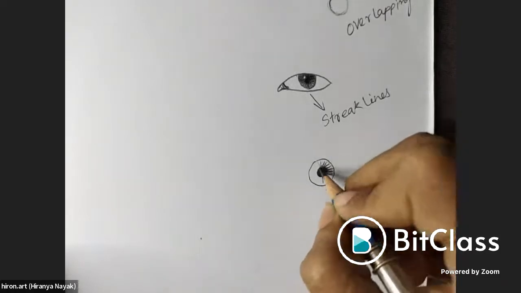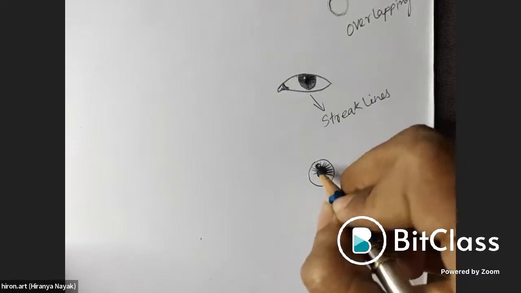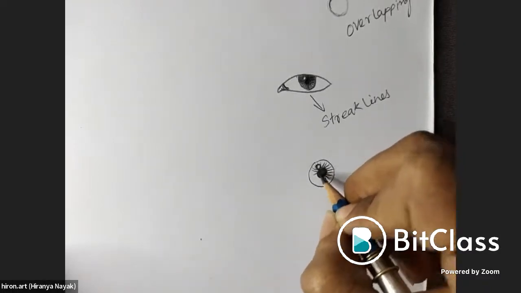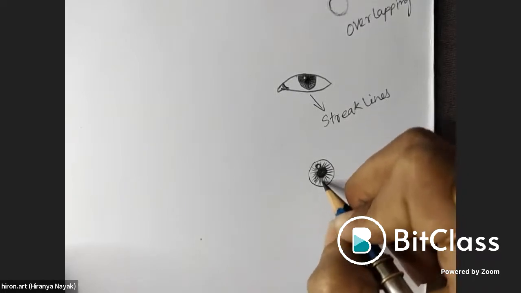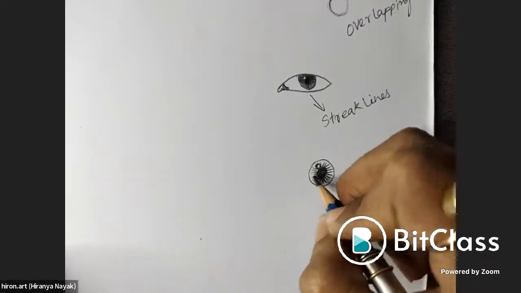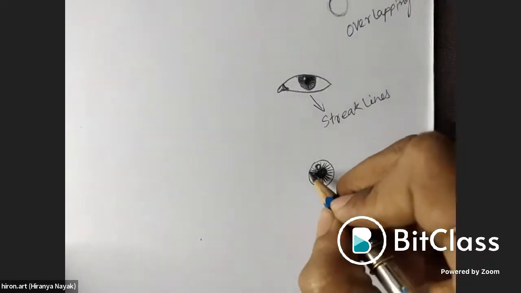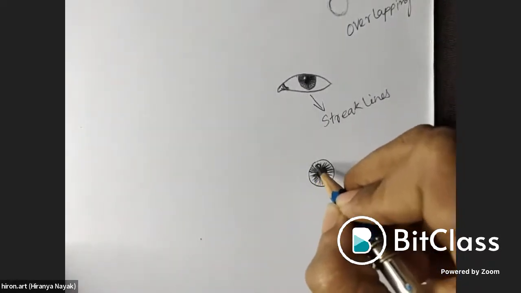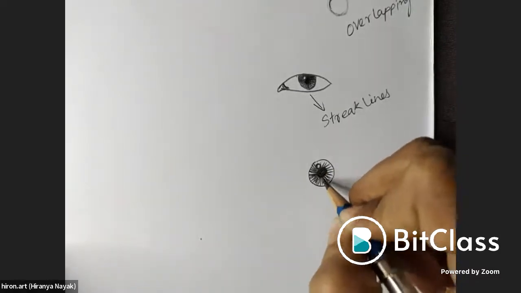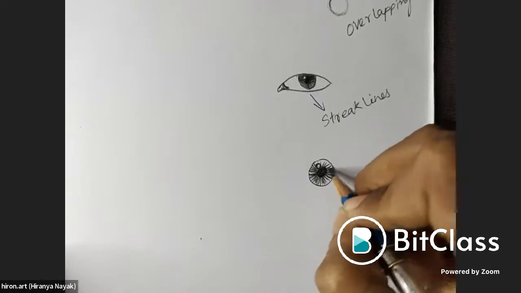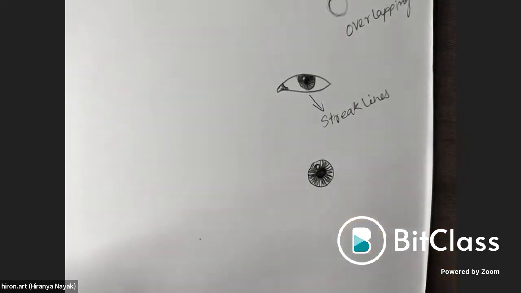We have the highlight here, so you won't draw there. Now you can redraw some other lines from the edge towards the circle, towards the pupil. This is the only thing that we have to do here.